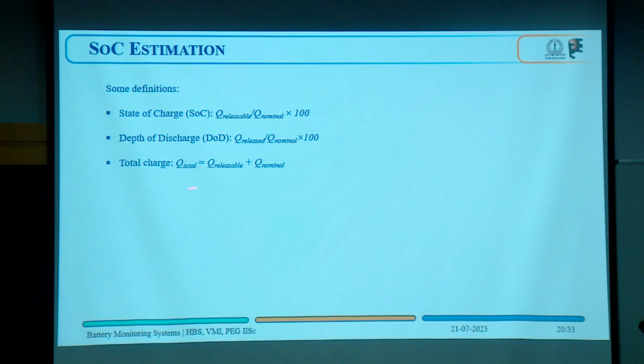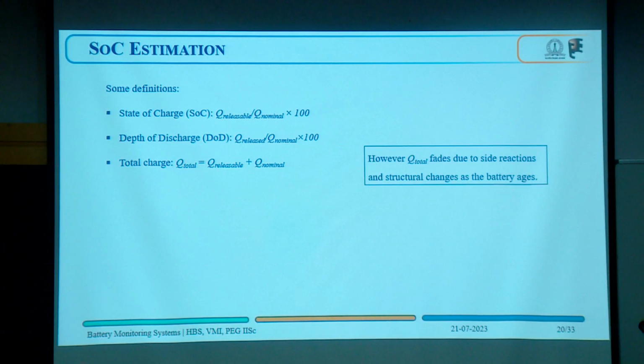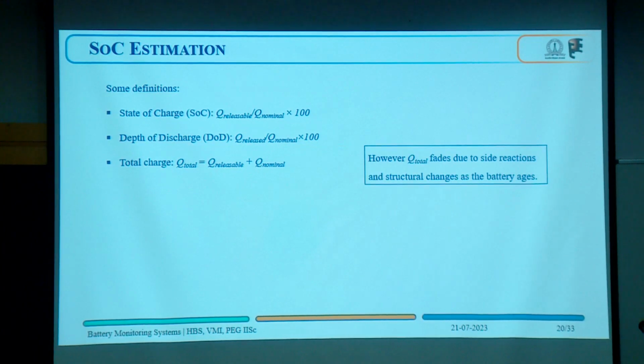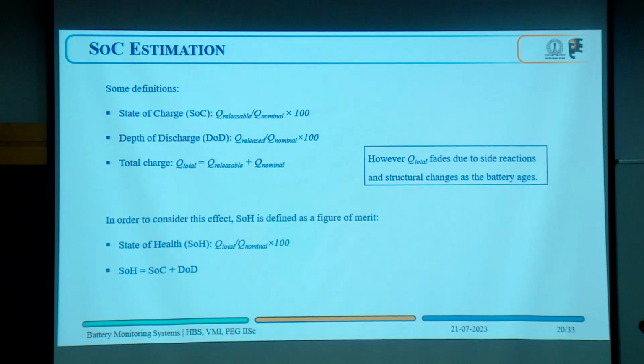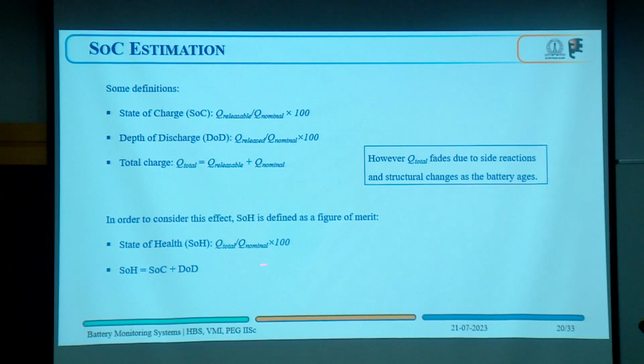If we sum that, we get the total charge. Now this total charge does not stay constant. It fades out due to reactions, physical damage, and abuse by the user. This overall charge fades out. In order to consider that effect, the figure of merit, state of health, is defined as Q total divided by Q nominal.